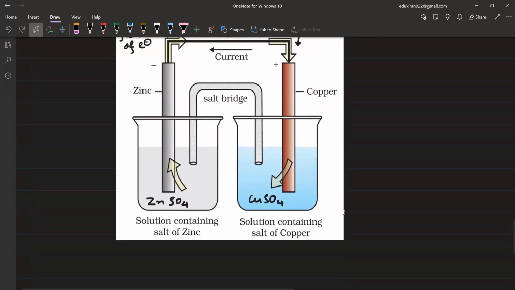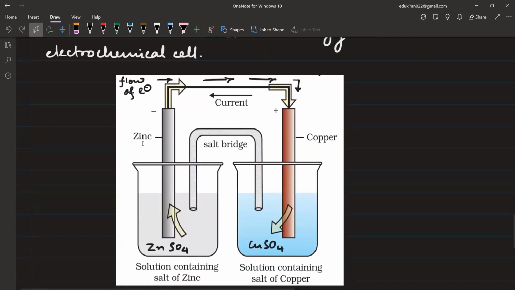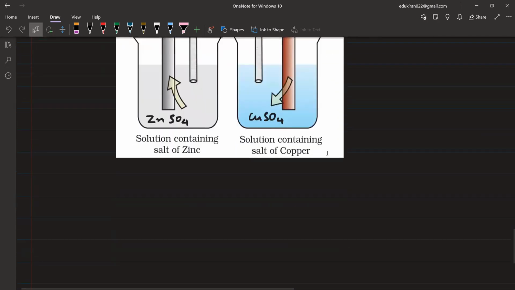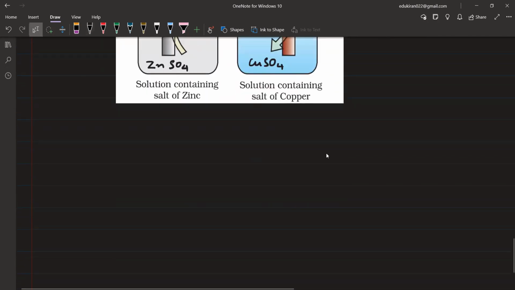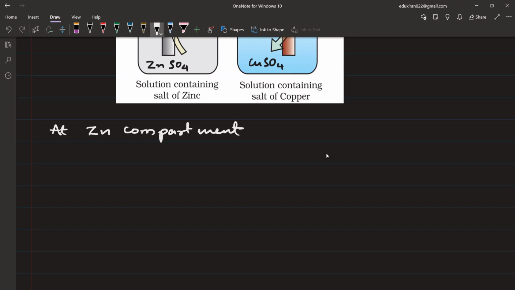So basically here we have two compartments, the zinc compartment and the copper compartment. If I look at the zinc compartment, what is happening right here? We can see that a reaction like this is happening.